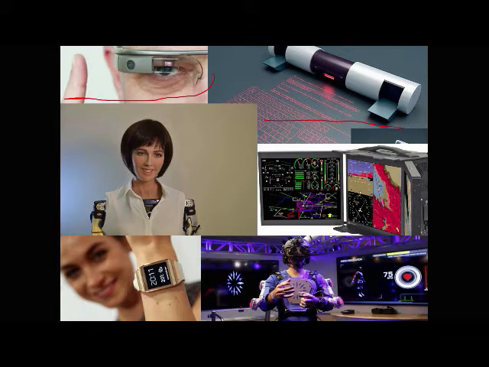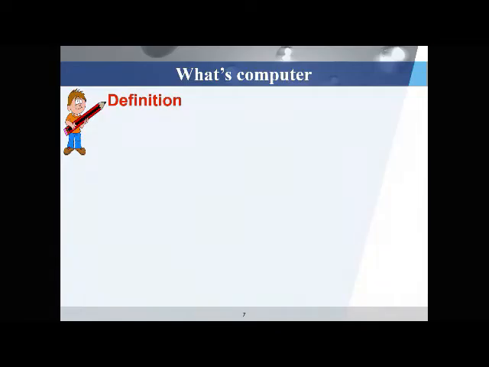So if I ask you to give me a definition of a computer, we should find something in common for all of these machines, right? So we have to define the common features and the common components of all of these machines. So what is a computer?